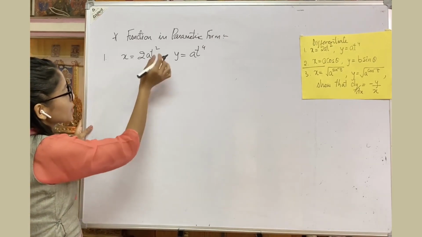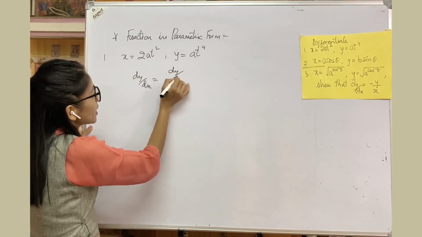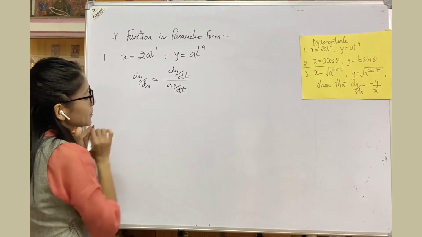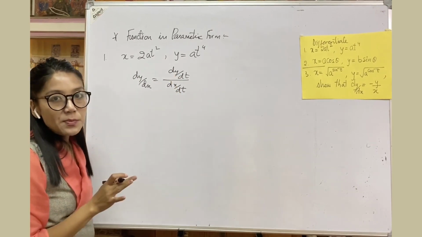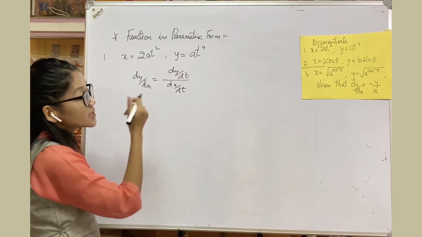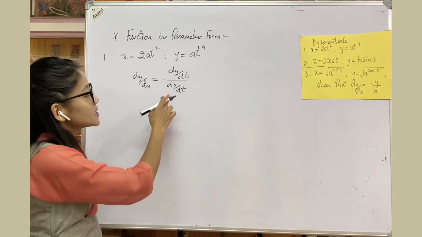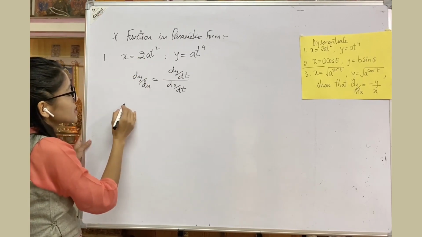Now we have dy by dx is equal to dy by dt divided by dx by dt. So we need to find out dy by dt and dx by dt. Now we know that dy by dt is the rate of change of y with respect to t, and dx by dt is the rate of change of x with respect to t. Now separately you will do this.